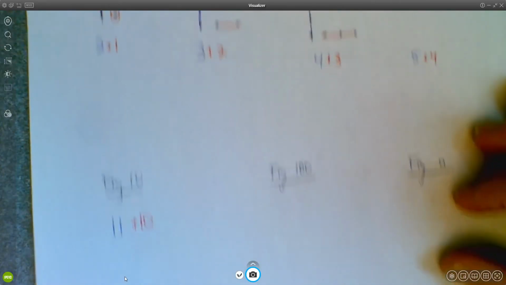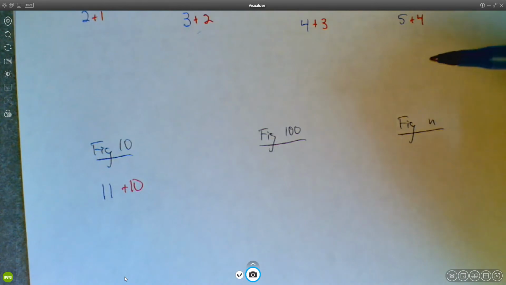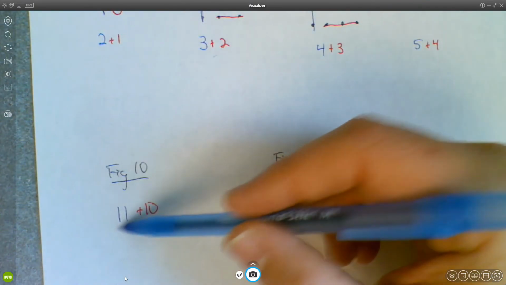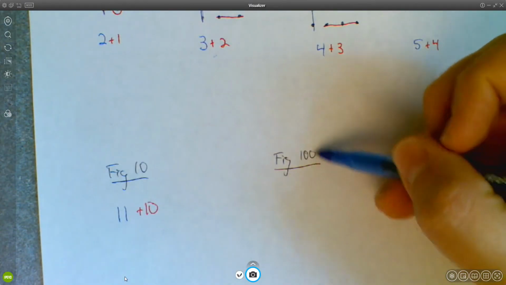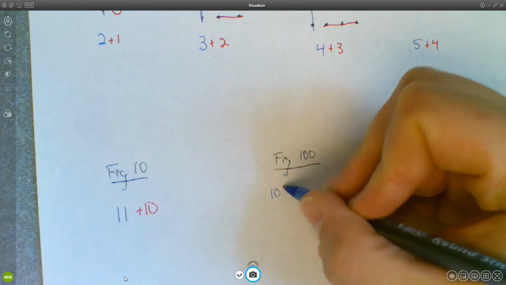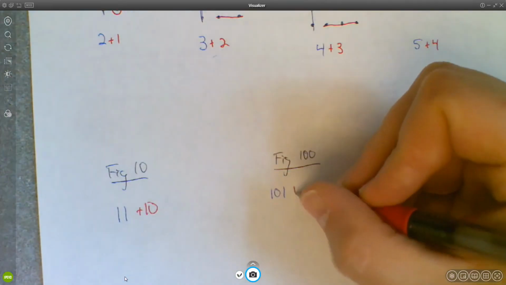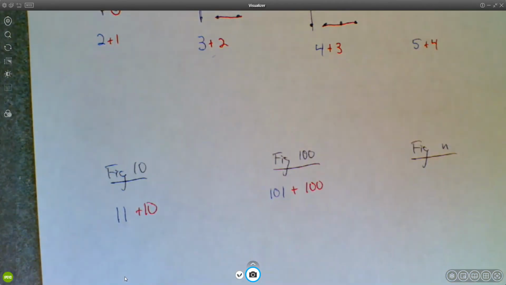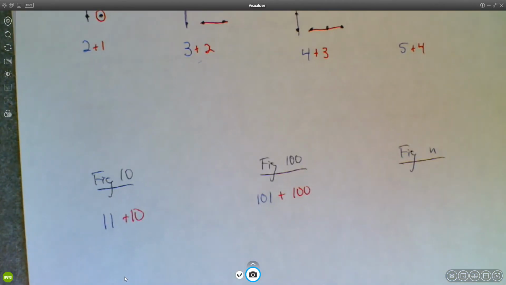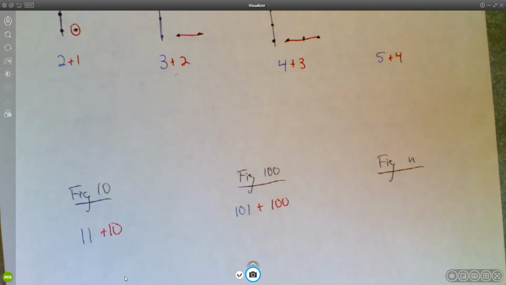And now we can generalize that super easily to figure 100, right? Because I know now that the blue part's going to be figure number plus 1. So for figure 100, that's going to be 101. And the red part's just going to be the figure number, so that's going to be 100. Okay, so now the next logical leap is getting to figure n.